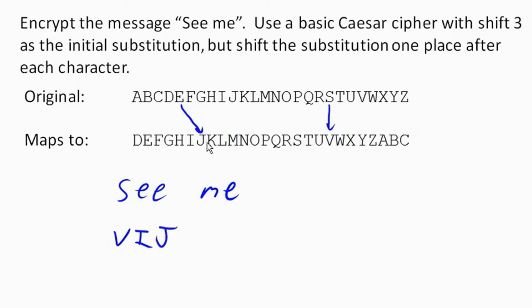So now we're 2 characters in. Now we're going 1 more in. That means we're going to shift 3 spaces.